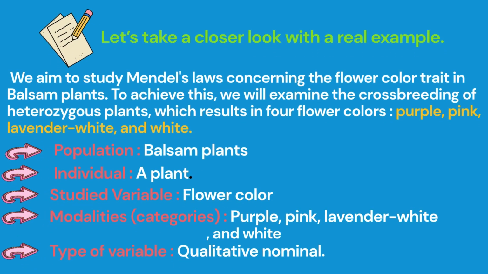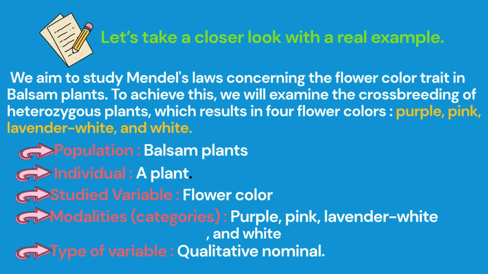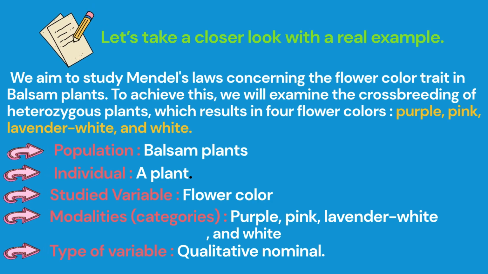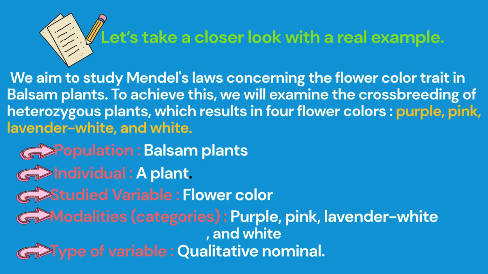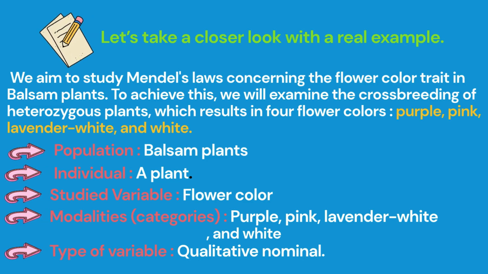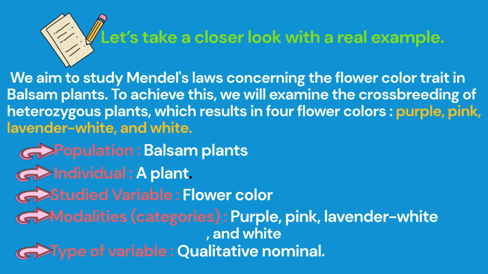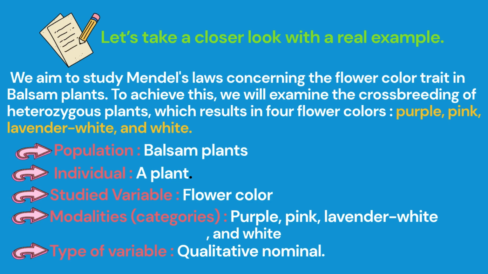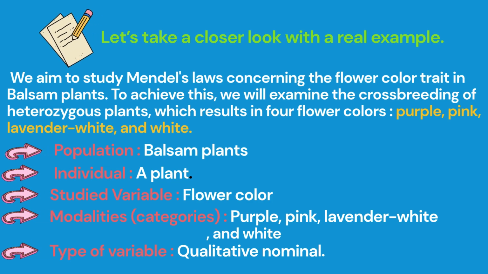Let's see an example of a qualitative variable. In this study, we are interested in the flower color trait in balsam plants. We obtained purple, pink, lavender white, and white. Let's go step by step with this example and try to understand how we define each statistical element. First, we ask ourselves, what is our study about?